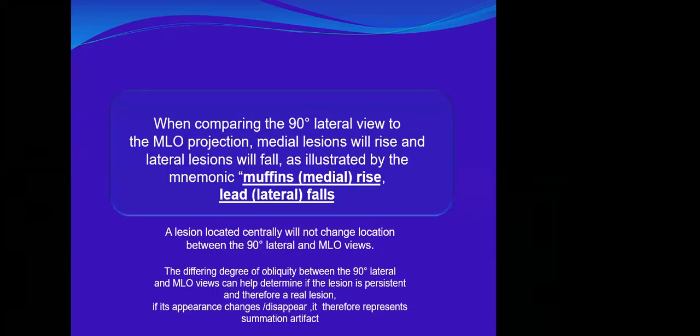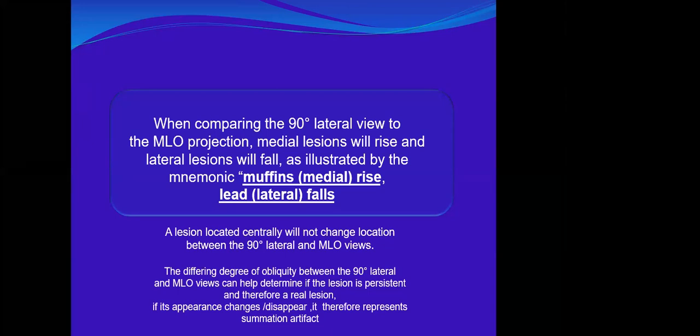Sometimes you might do the 90-degree lateral and still you could not appreciate the lesion. How can you manage? If you do ultrasound and you could not see the lesion, and the CC does not show the lesion, you have seen it only on the MLO view, and you want to make sure whether it is real or not, you need another view.